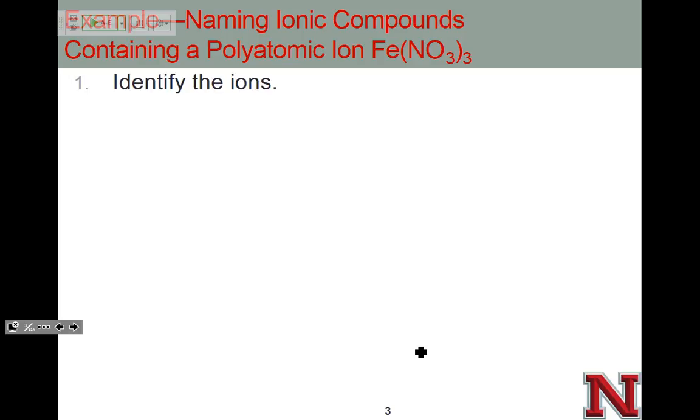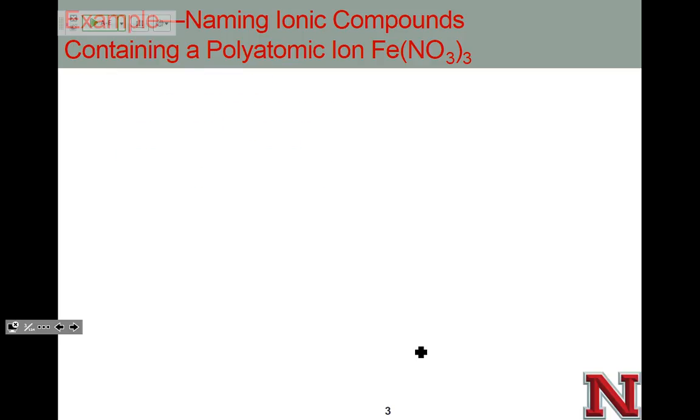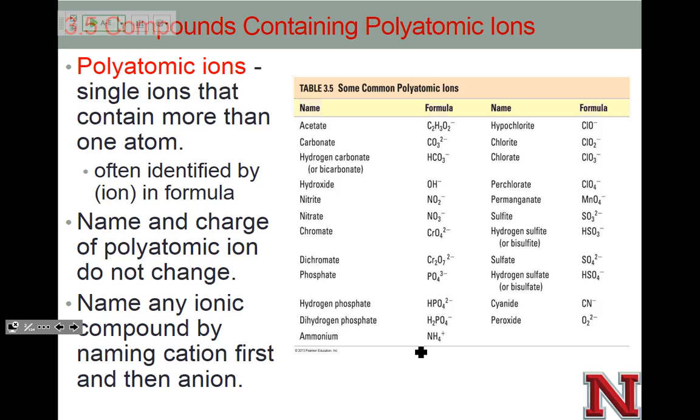So the first thing we're going to do is identify our ion. Our NO3 ion must be NO3 minus. Our iron, in that case, must be 3 plus. Looking here, we have our NO3 minus, and we don't have a polyatomic ion with another charge for NO3.